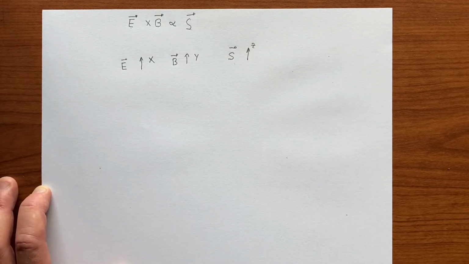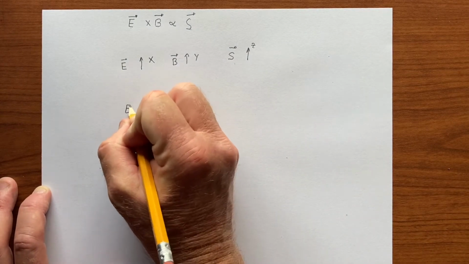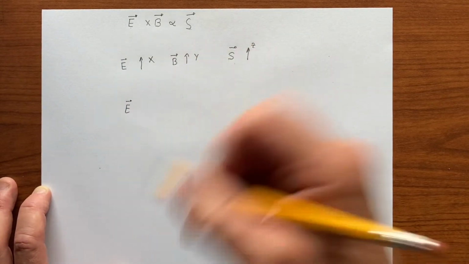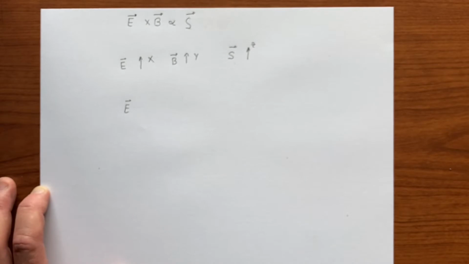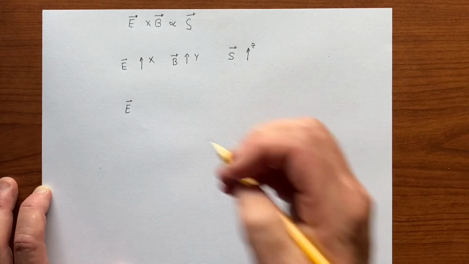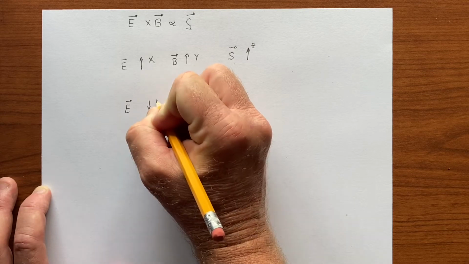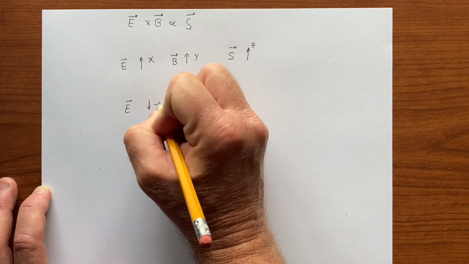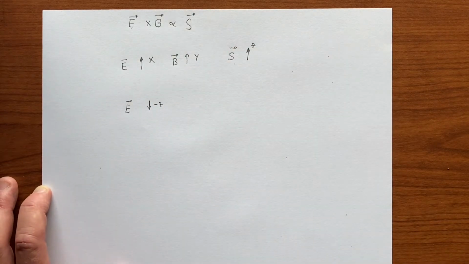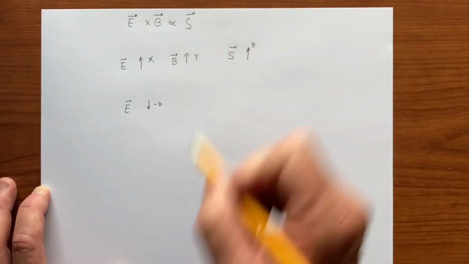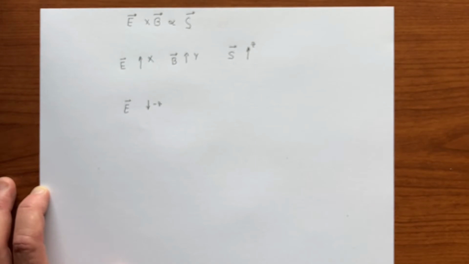Let's say that we have an electric field that is part of an electromagnetic wave. So the electric field is oscillating, but it's pointing in the minus z direction. Of course, that oscillation, if it's a cosine function, there are times when it's pointing in the plus z direction.